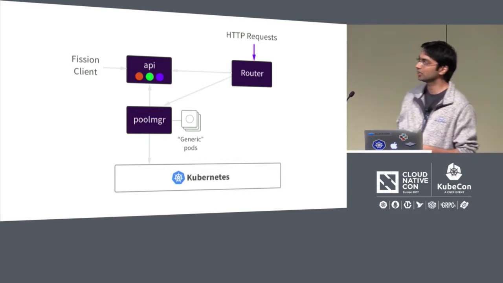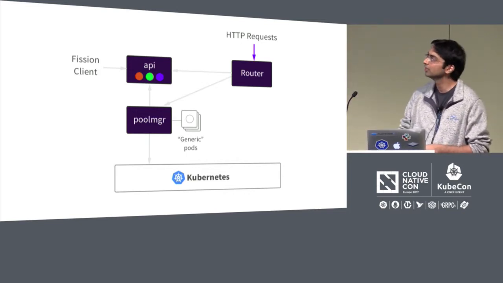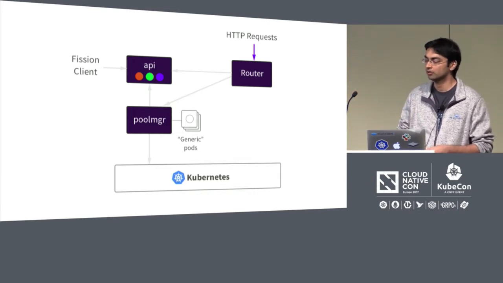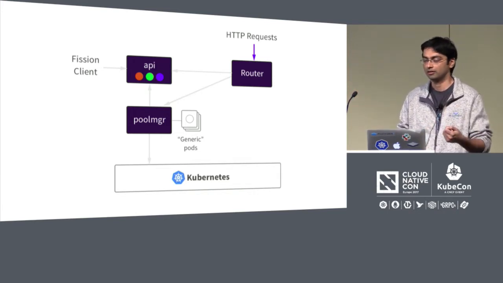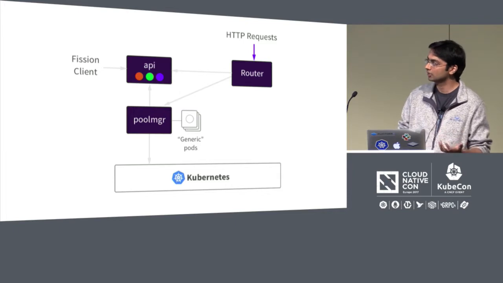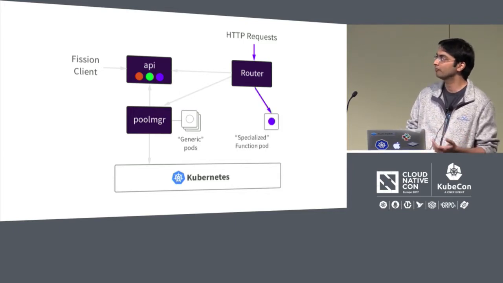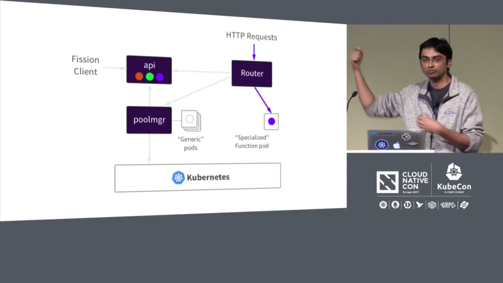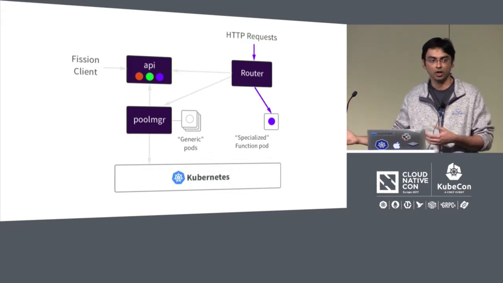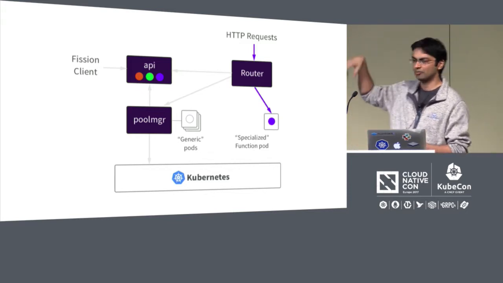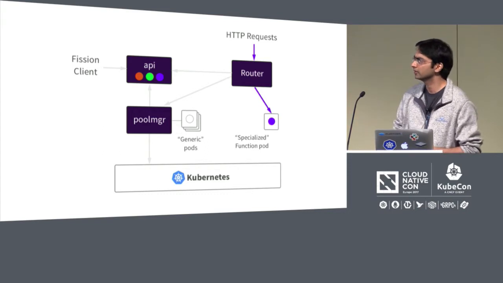That thing is actually cached, so it's often pretty fast. It then requests the pool manager for a function pod for that function. And the pool manager creates that pod, gives it to the router, and the router proxies the request to that pod. So that typically happens in about 100 milliseconds or so.